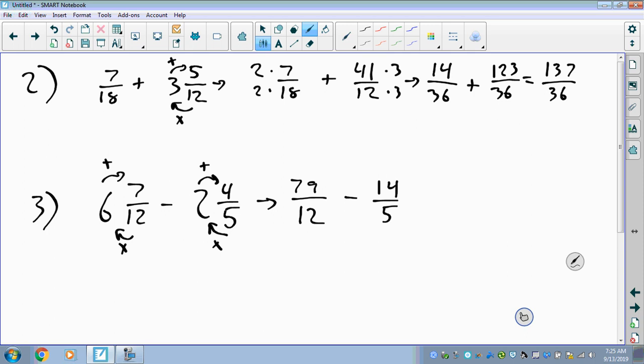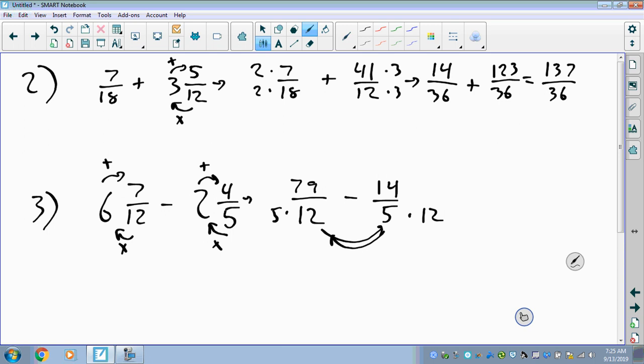Again, I got to go ahead and make myself a common denominator. Here, the smallest number that 12 and 5 go into is 60. Good? So essentially what you're going to do is multiply 12 times 5 and 5 times 12. So here, just keep in mind, if you ever are struggling a little bit to find the smallest number that they both go into, the least common denominator, you can always just multiply these by each other.